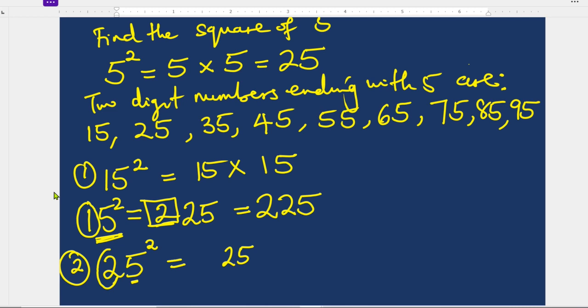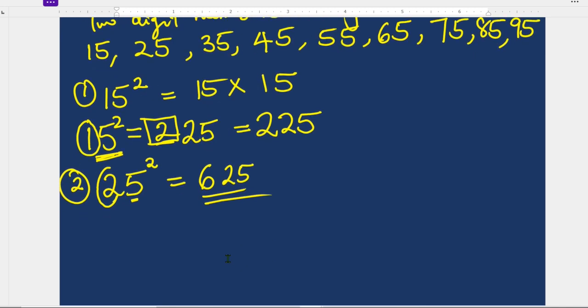The number that comes after number 2 when counting is number 3. So multiply 2 by 3. That will give you 6. Come and write it down beside this. So the answer is 625. So it means the square of 25, which means 25 times 25, is equal to 625. Okay? Now I'm going to give you one more example before I ask you a question.